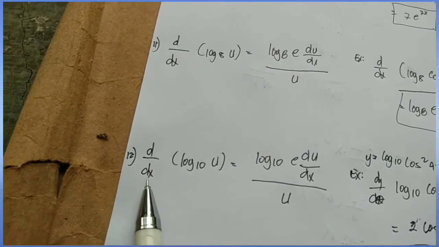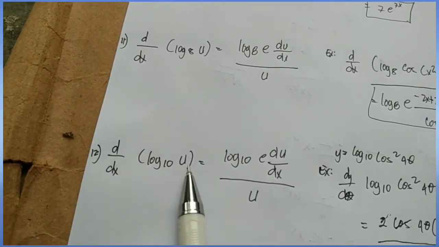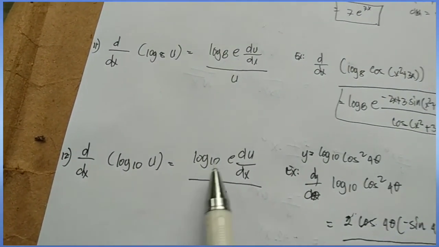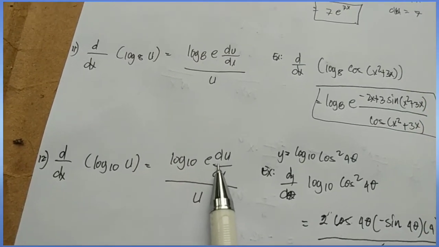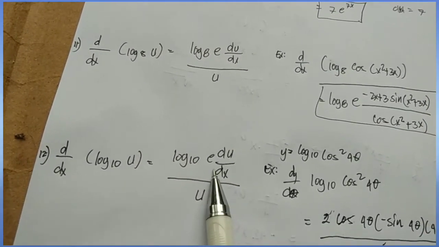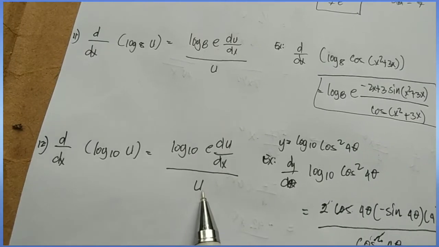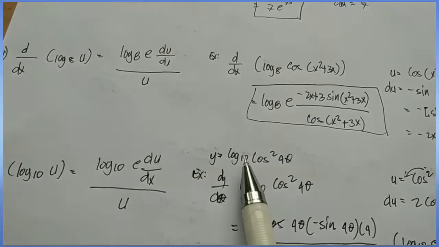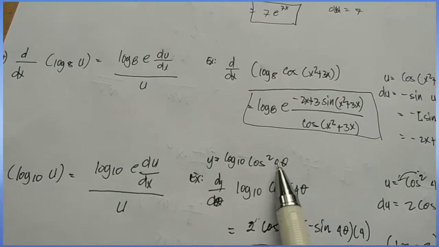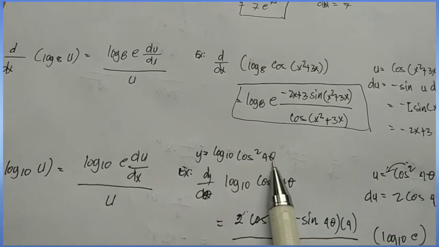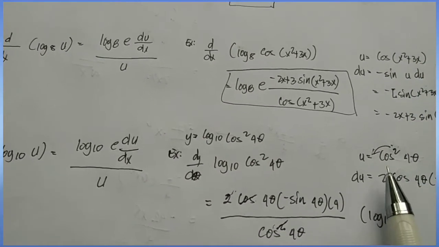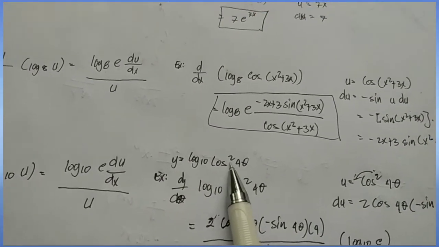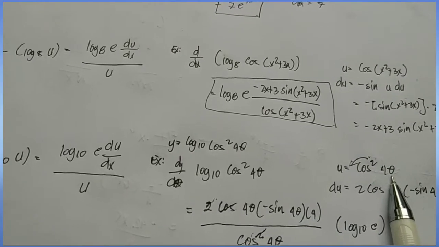So for number 12, d over dx of log 10 u is equal to log 10 e times the derivative of your u all over u. So for example, we have log 10 of cosine 2 4 theta. So your u is cos 2 4 theta.